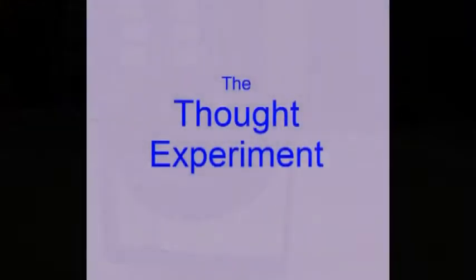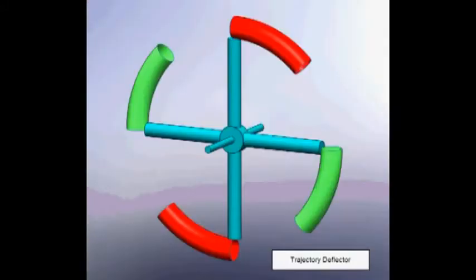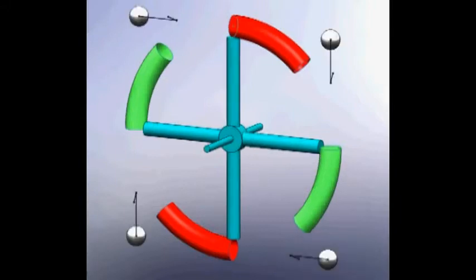So, to try to get a sense of how or why gyroscopes behave the way they do without actually using a gyroscope, we're going to instead use this device that I call a trajectory deflector in this thought experiment. Basically it consists of a structure that has 4 hollow curved tubes on it.